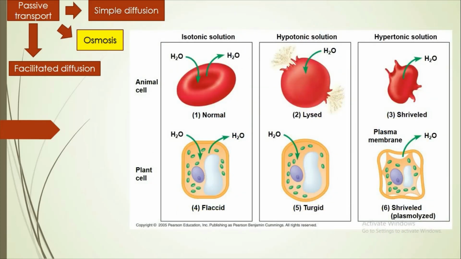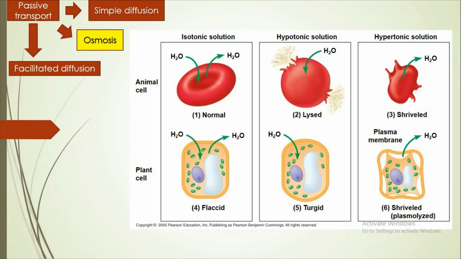Now we will take a look at the isotonic, hypotonic, and hypertonic conditions for animal cells and plant cells. While isotonic solution is preferred for animal cells, plant cells will prefer the hypotonic solution because they need water for their rigidity and support.